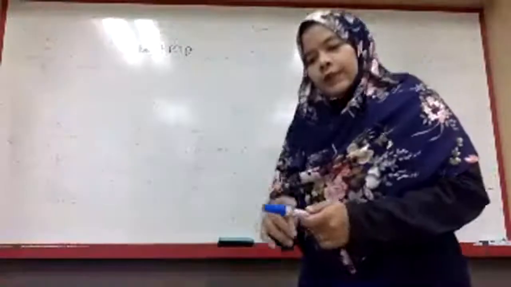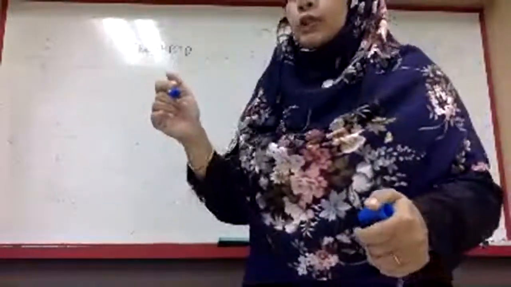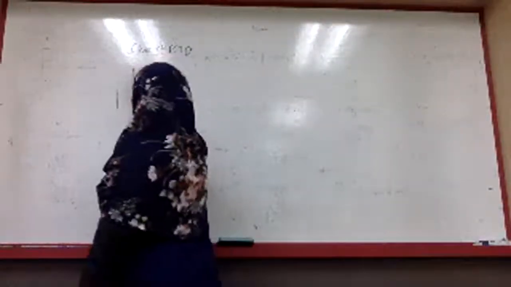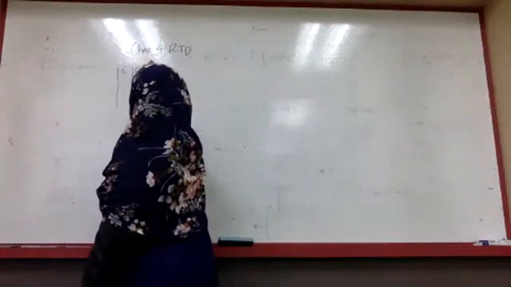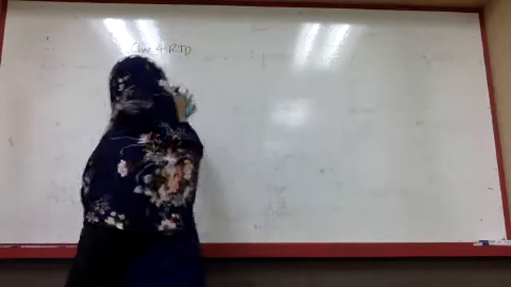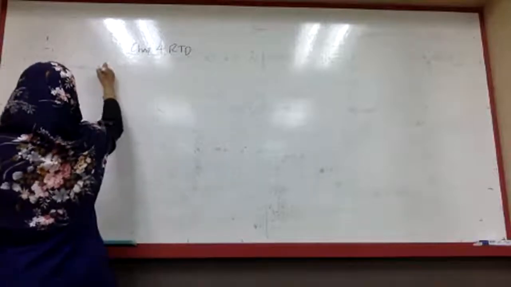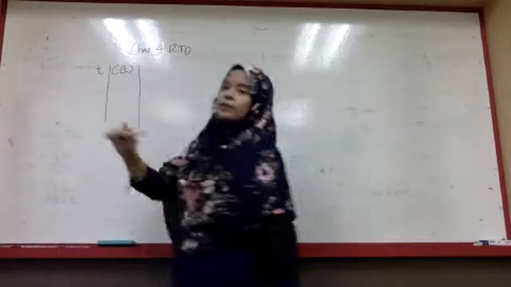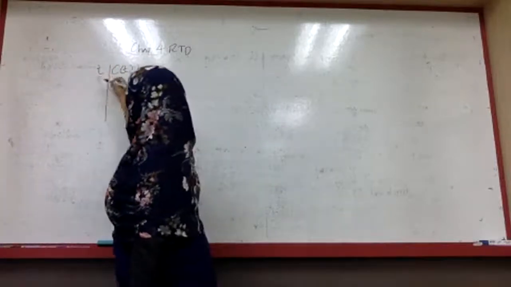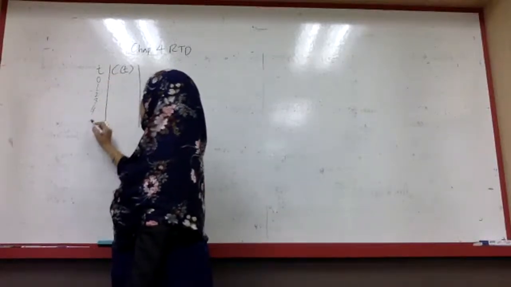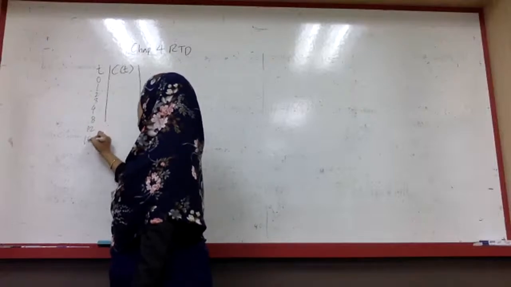Okay, kalau chapter 4 RTD, they will give you a set of data, contoh time dengan concentration. So, contoh 0, 1, 2, 3, 4, 8, 12, 16, 20.